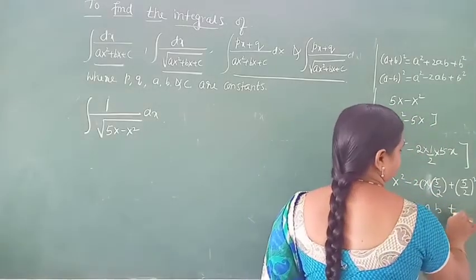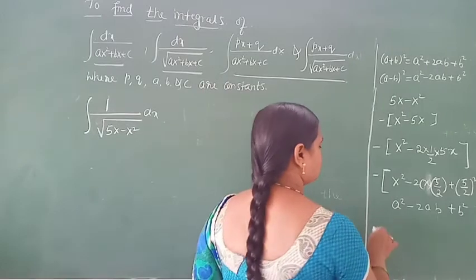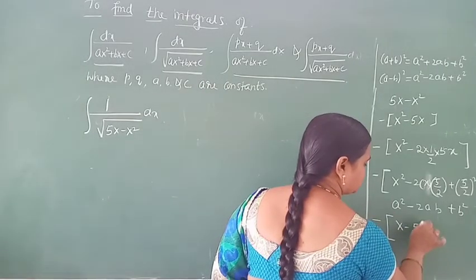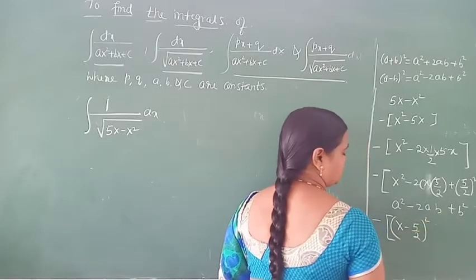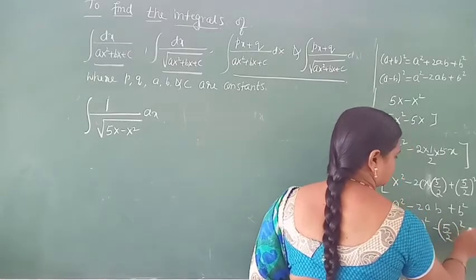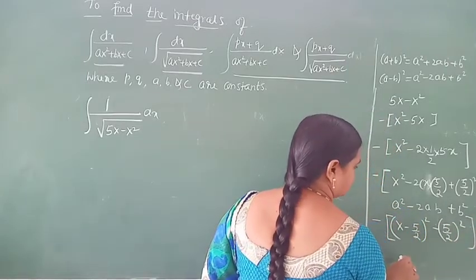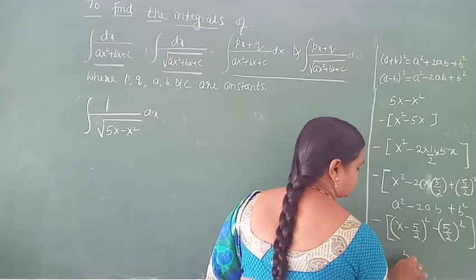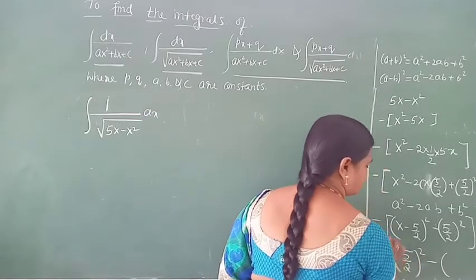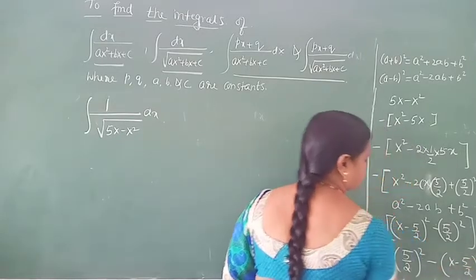And we will get this as a perfect square, and this is a perfect square of what? a minus b, that is x minus 5 by 2 the whole square, minus 5 by 2 the whole square. Take the minus sign inside, minus into minus becomes plus, we get 5 by 2 the whole square minus x minus 5 by 2 the whole square.